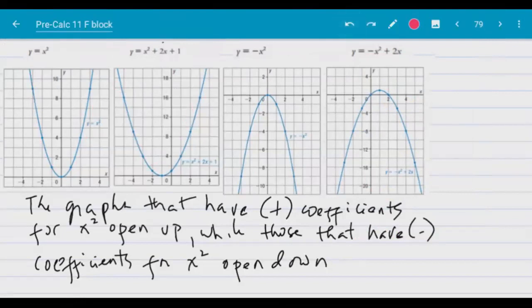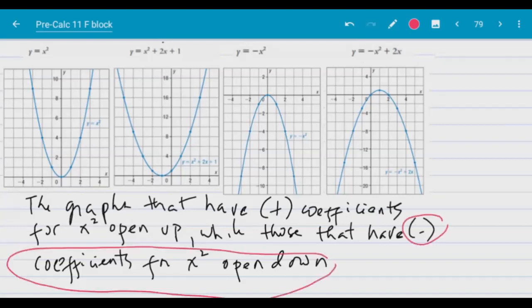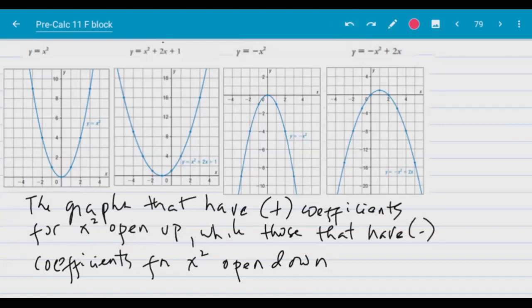That's why I wrote this: positive coefficients for x squared open up. Well, the next two, y equals negative x squared and negative x squared plus 2x, the number in front of the x squared is negative, so it will open down. Negative coefficients for x squared open down. You got it? So let's look at characteristics for this.